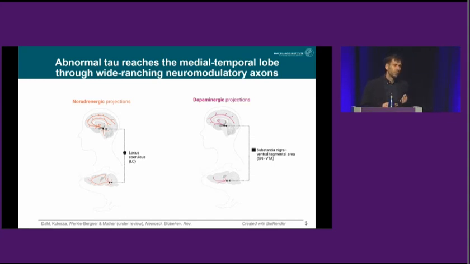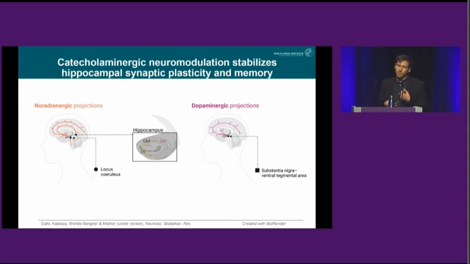These two neuromodulatory systems have in common that they produce certain neurochemicals, so-called neuromodulators, in very small circumscribed nuclei, but release them through the wide-ranging axons throughout most parts of the brain, and specifically in the medial temporal lobe and hippocampus, where both noradrenaline as well as dopamine facilitate synaptic plasticity and thereby long-term potentiation and memory.